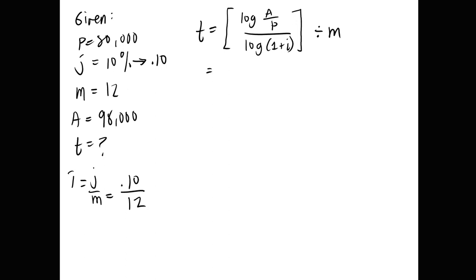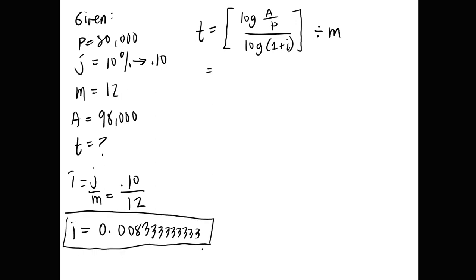Okay, so 0.10 divided by 12. Final answer will be i is equal to 0.008, and then we have 9 threes. Okay, so this will be the value of our i.